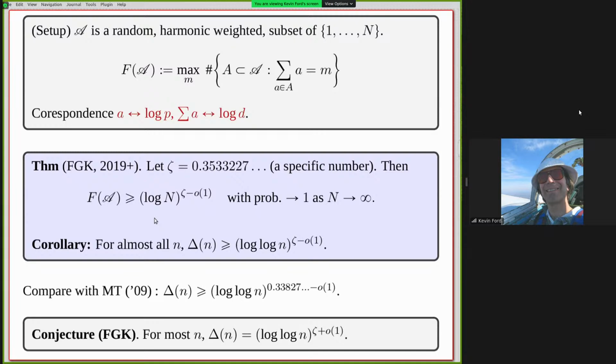Okay, so in particular, we disprove the conjecture of Maier-Tenenbaum. If you compare our exponent with the 0.338 exponent here, it is a little bit better. We have ourselves gone out on a limb and conjectured that our lower bound is the truth.